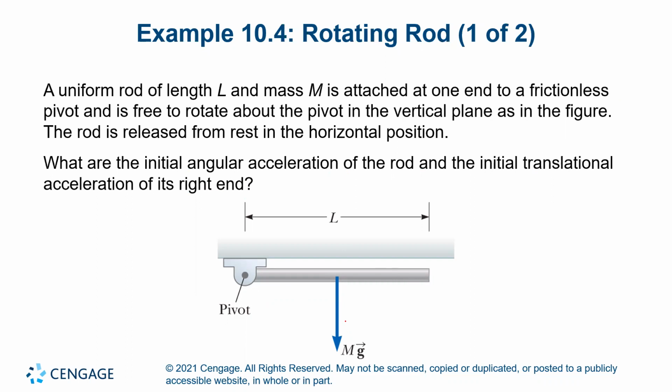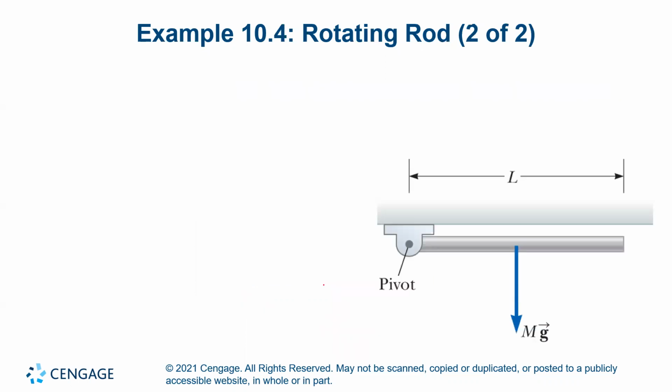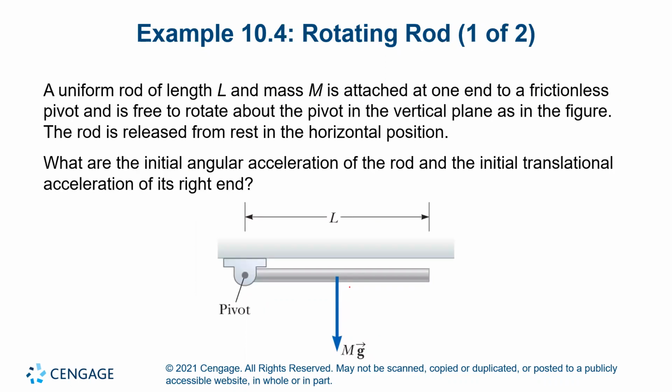So here it can be seen that it is the force of gravity that will produce the torque that will cause the object to have an angular acceleration. We assume that the mass of this rod is evenly distributed throughout its body. And so therefore, we can think of the gravitational force as acting on the center of mass of the object in the middle, right?